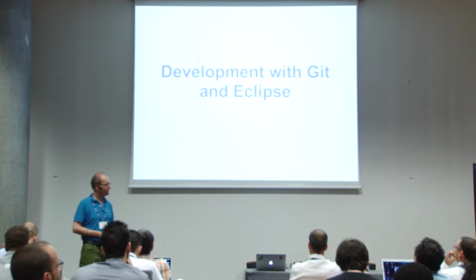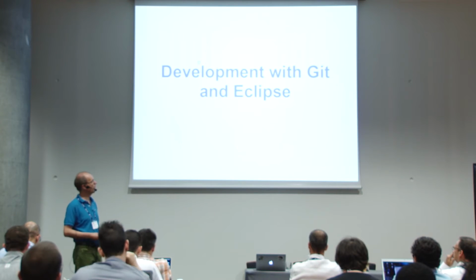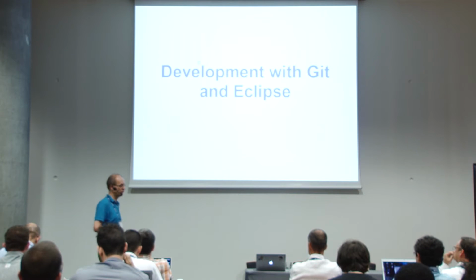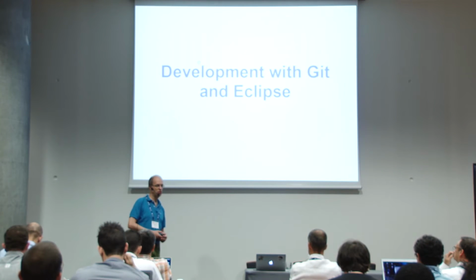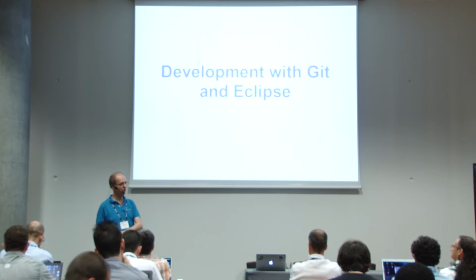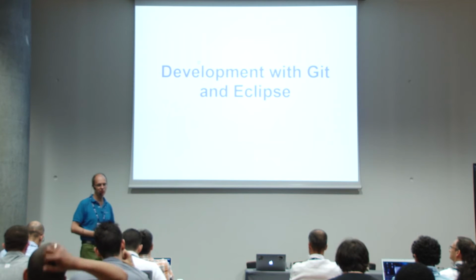Now let's look at development with Git if you're using Eclipse. So you want to have an integrated Git UI inside Eclipse, so you don't have to jump out to the command line. I mean, I know there are still many developers using Git on the command line and doing their development in Eclipse. I also do it from time to time.